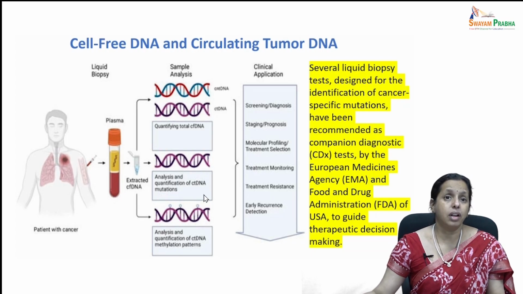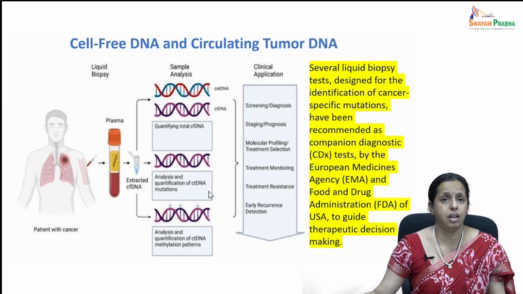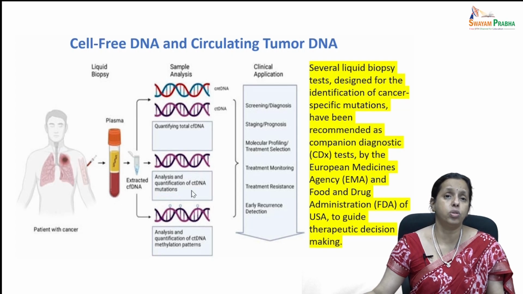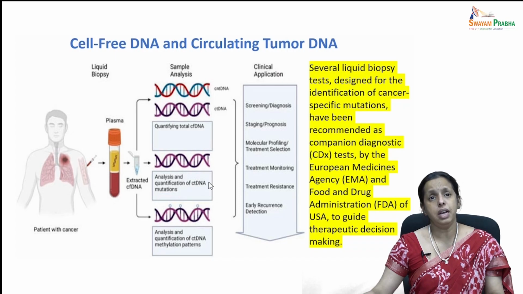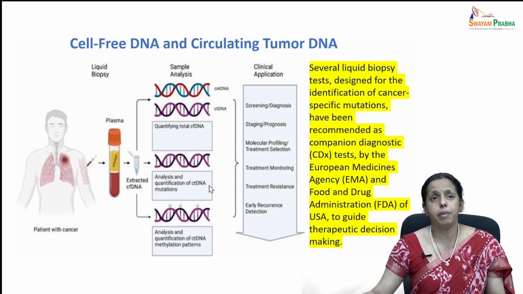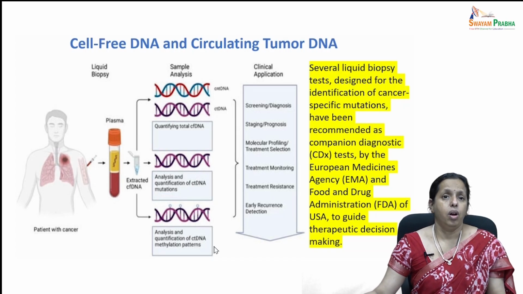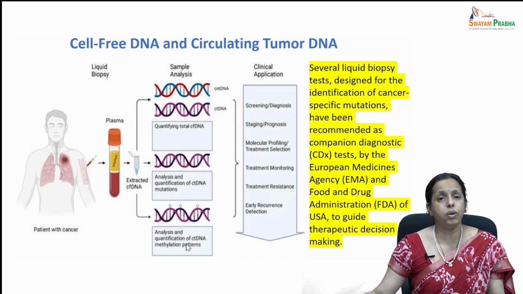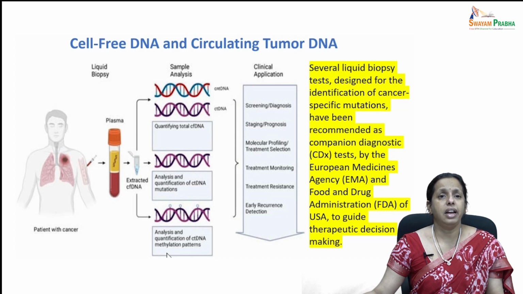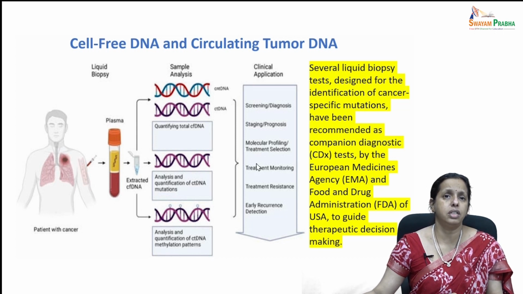For example, in lung cancer therapies, they use the T790M mutation to check during the course of therapy. So again, in precision oncology, liquid biopsies are the need of the hour. You can also analyze and quantify the methylation patterns of your ctDNA.